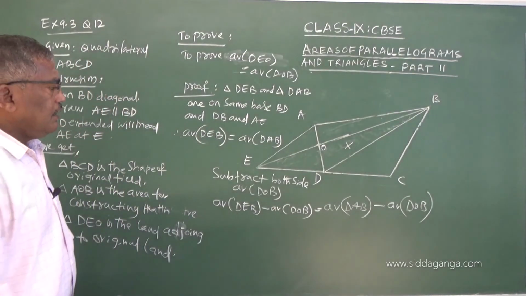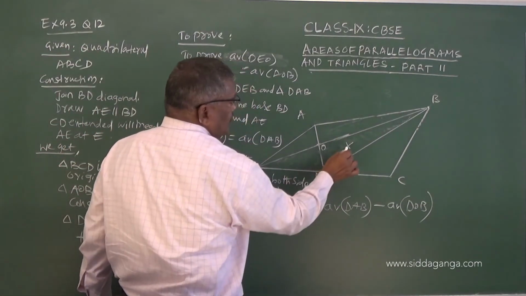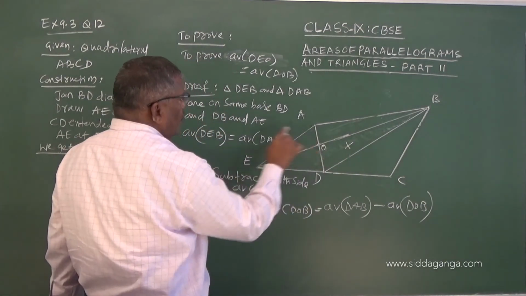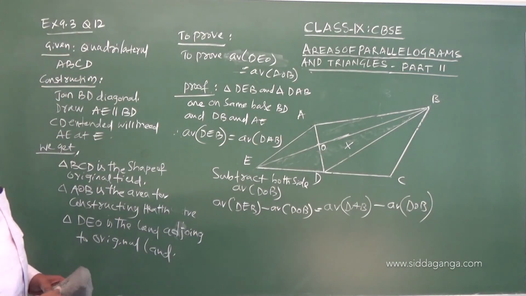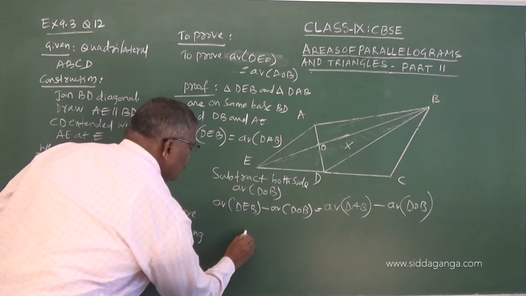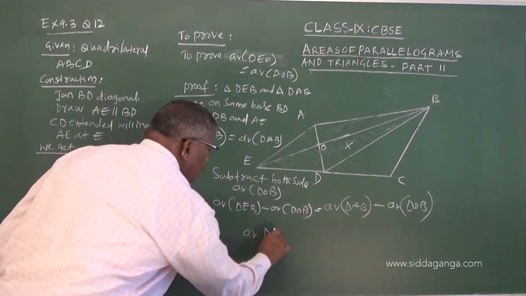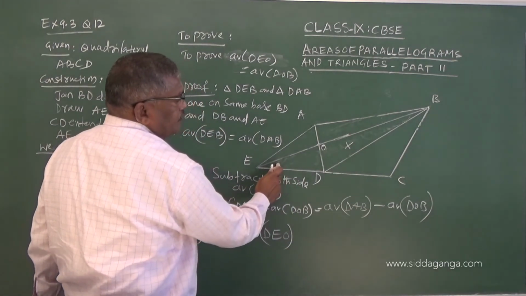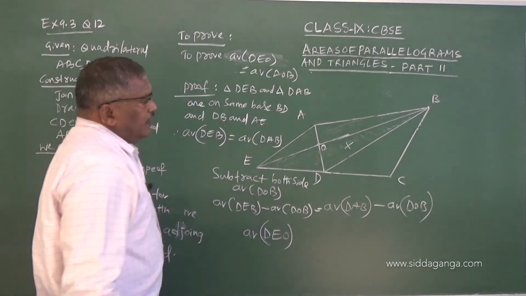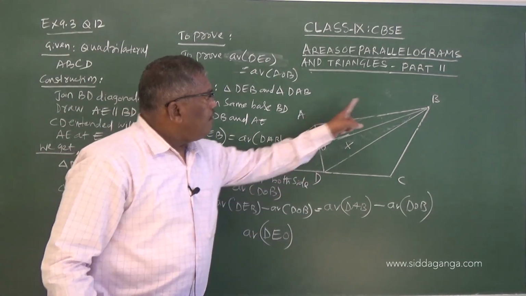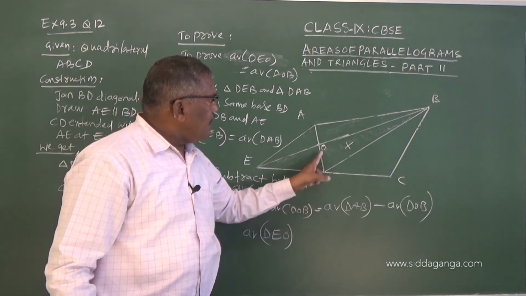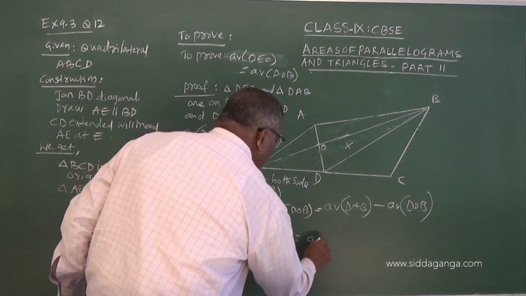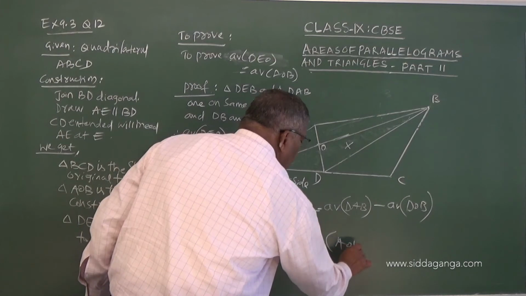So, from this we will get DEB minus this area is DEO. So this portion, this triangular portion, becomes DEO. And on the right hand side, out of DAB we are deducting DOB, we will get AOB. So, therefore, it is area AOB.